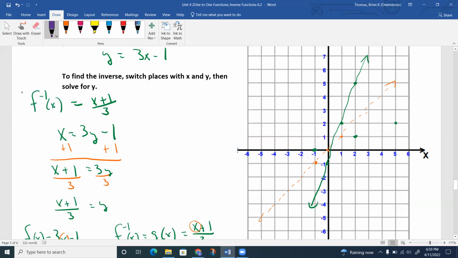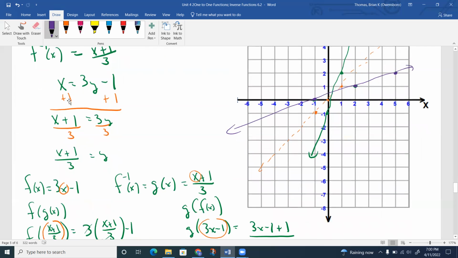So we have -1, 0, 2, 1, and 5, 2. So this graph here should go across like so. And notice that it does look pretty symmetric to the line y equals x. Yours probably should look a little bit better than mine. But we do have the graphs there.